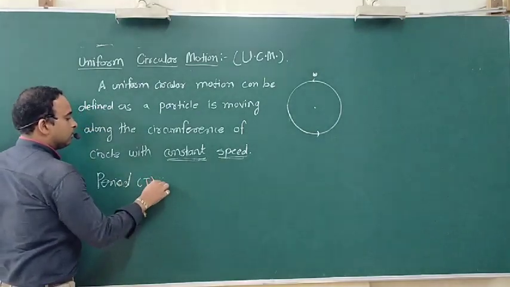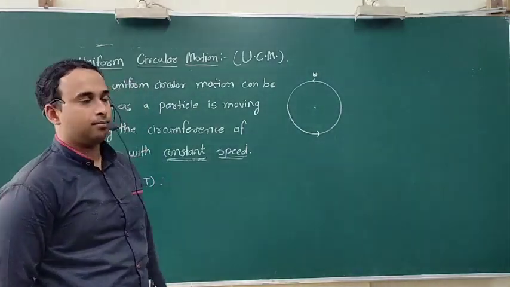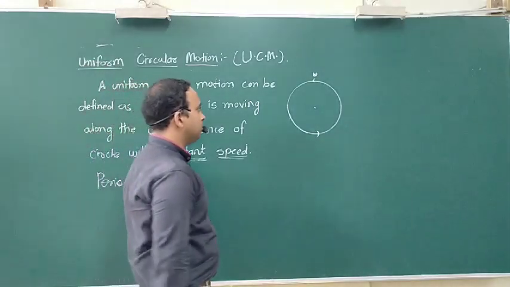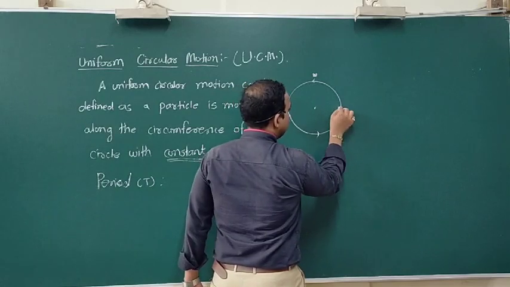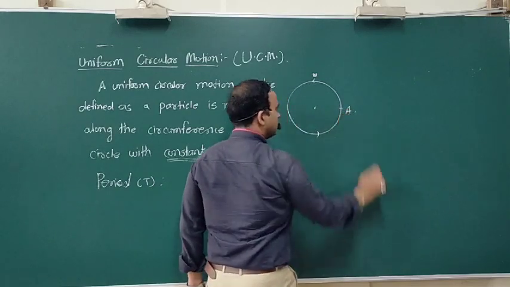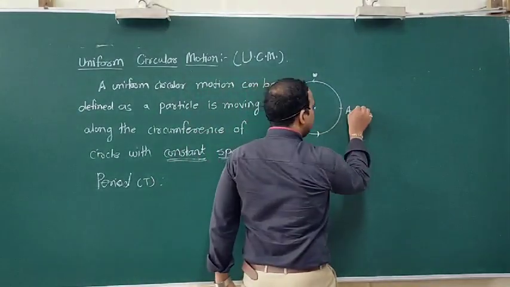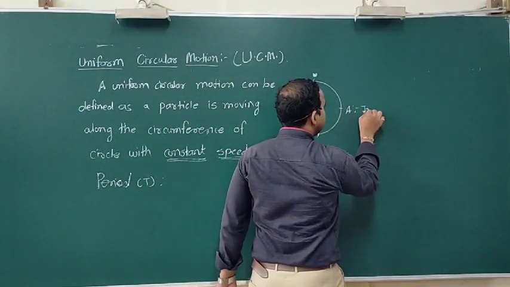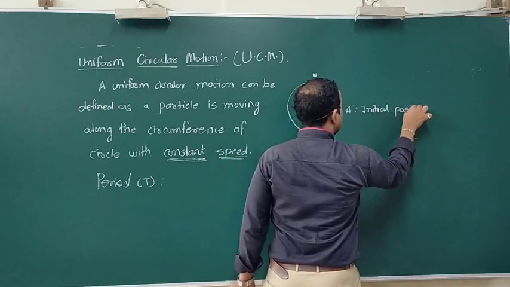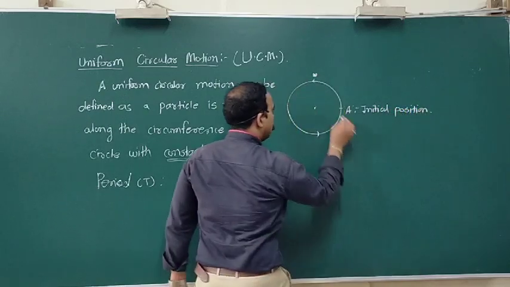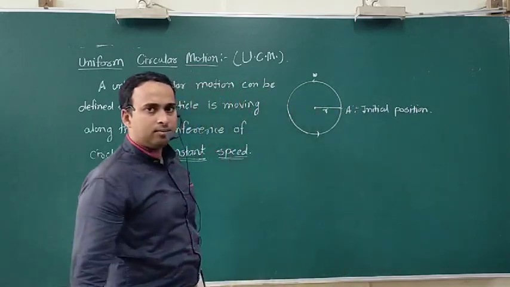Now see here, suppose this particle is at position A, where A is the initial position. Let R be the radius of that circle.